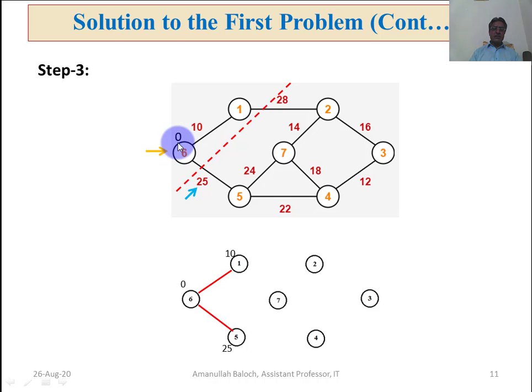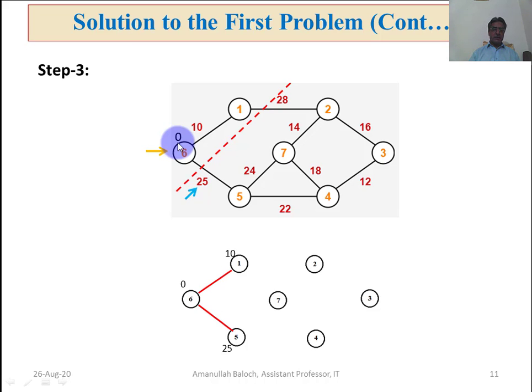So the weight of this edge is 28 and the weight of this edge is 25. It will attack this edge and process this one, and this weight will become the key of the next adjacent node. So here we have developed the edge between 6 and 5, and the key of 5 is 25.